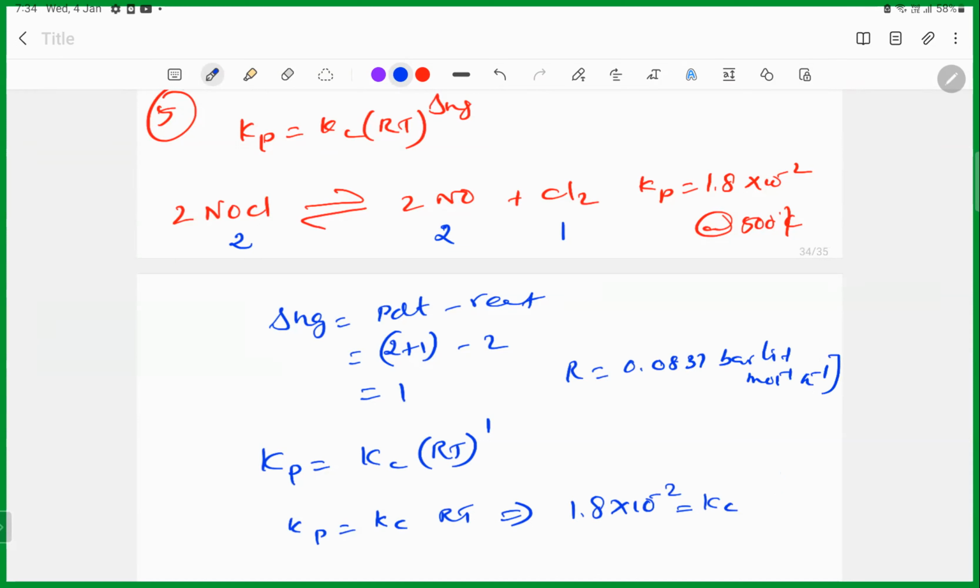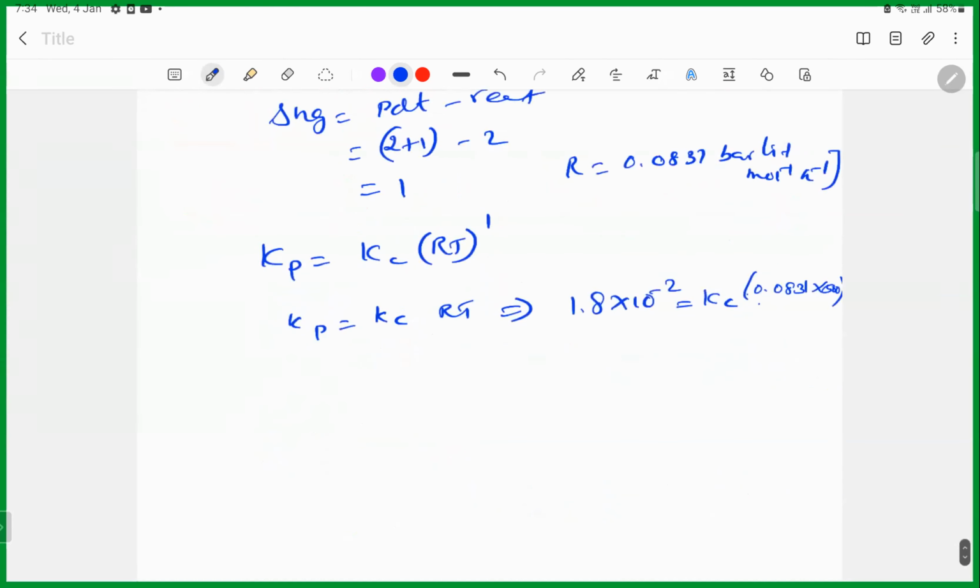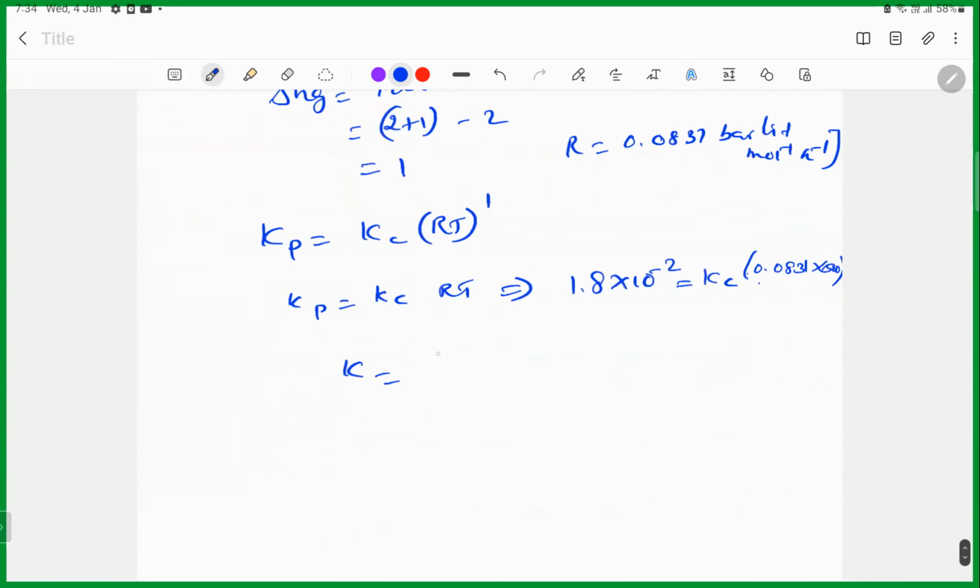For this calculation, you have to write the R value like this. So Kc into 0.0831 into temperature 500. Kc is equal to 1.8 in 10 power minus 2 divided by 0.0831 into 500. When you simplify, you will get the Kc.